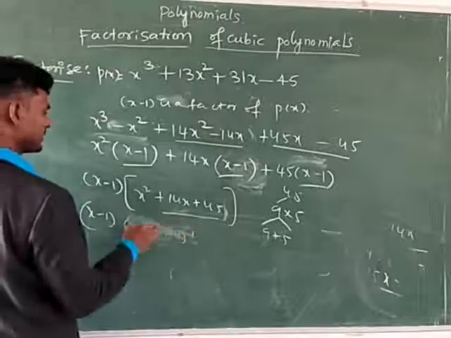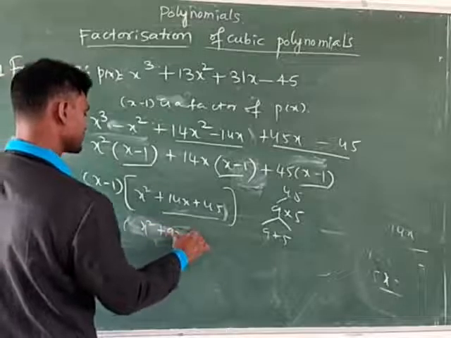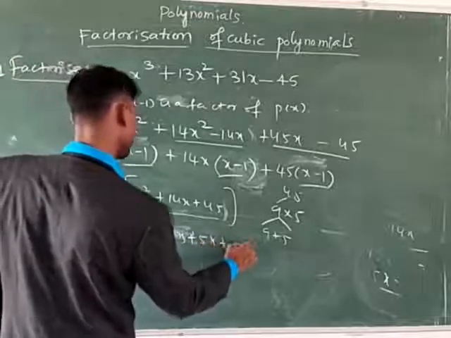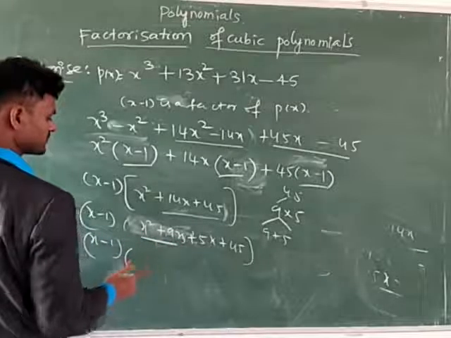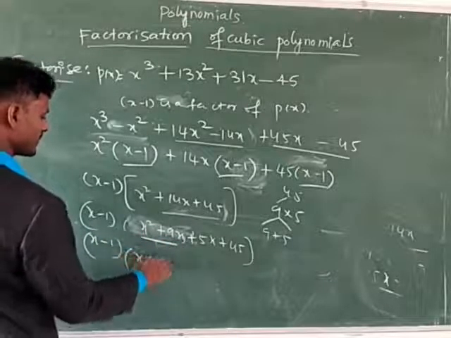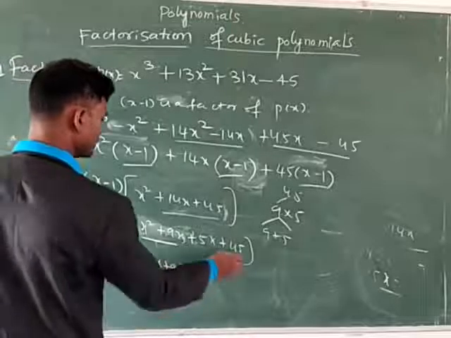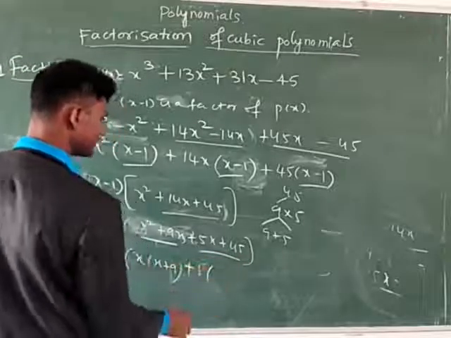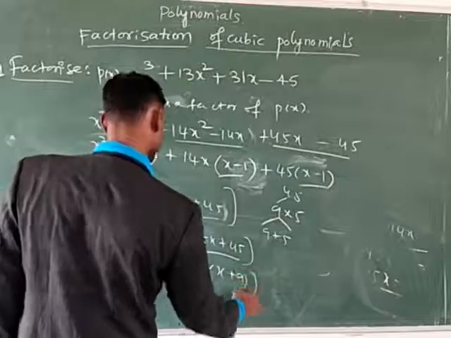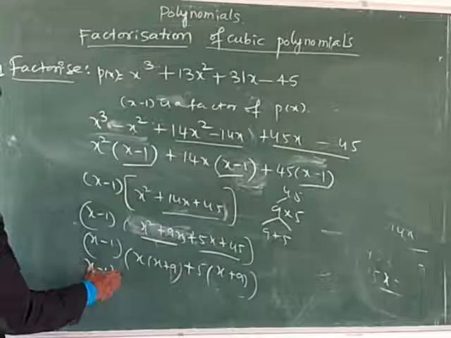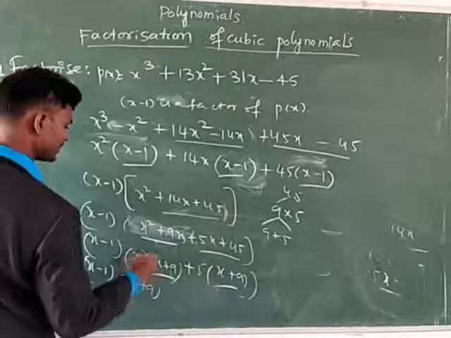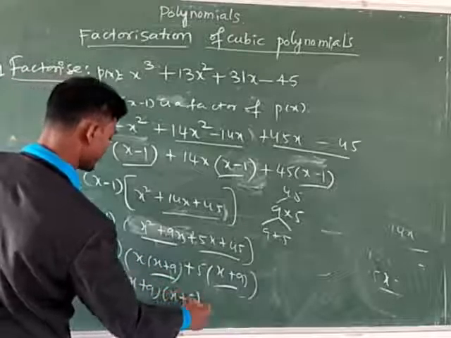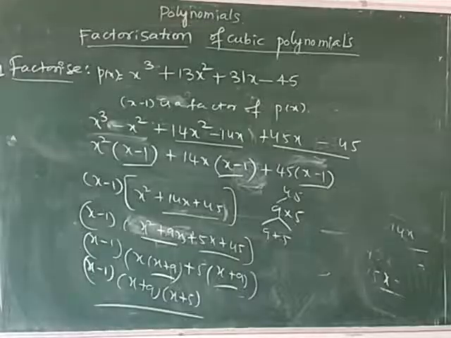First you write x square plus 9x plus 5x plus 45. Now x minus 1 into, in these two terms x is common, x plus 9. In these two terms 5 is common, x plus 9. Now the whole term is x minus 1 into x plus 9 is common, and the remaining is x plus 5. This is how you factorize. Okay.